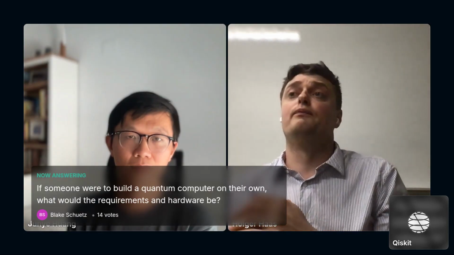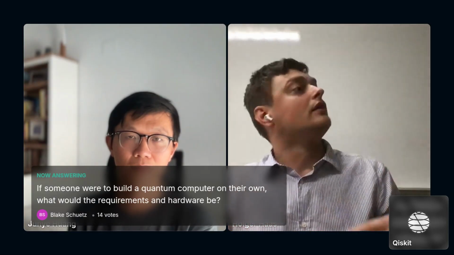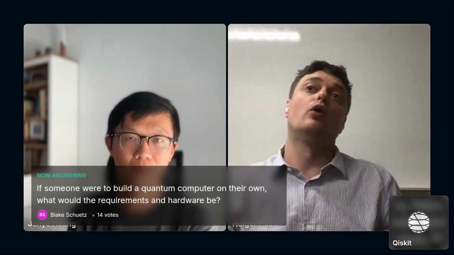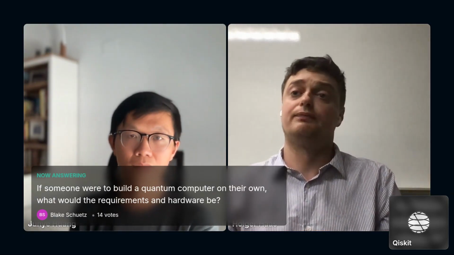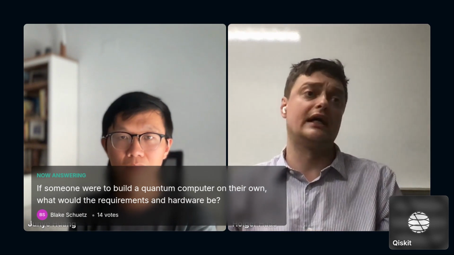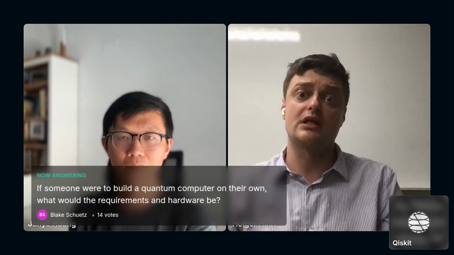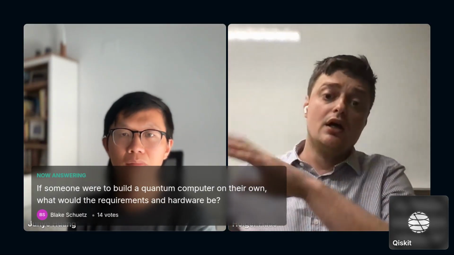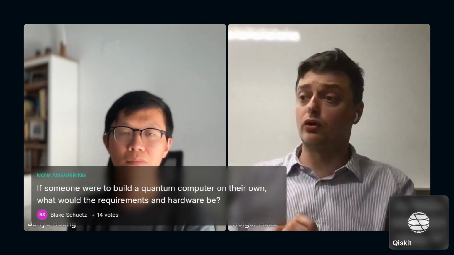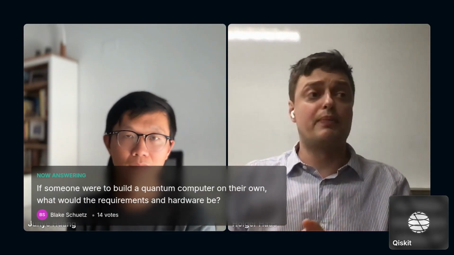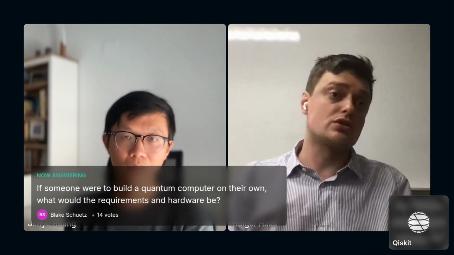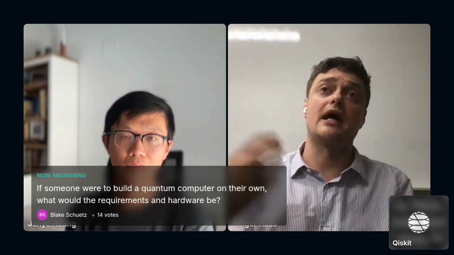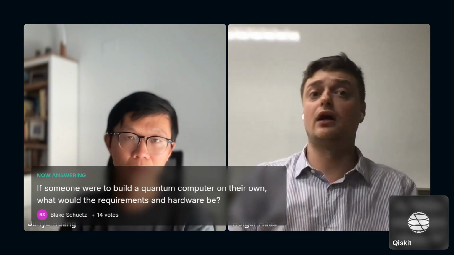And then after that, you need to start thinking about all the control electronics that we saw in the lecture, these racks full of control electronics that are assigned to each qubit to perform these gates and to also do the readout.